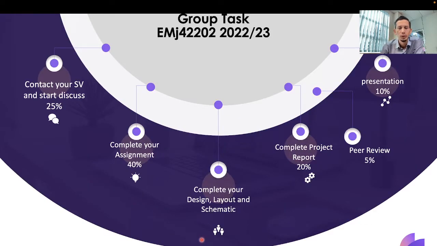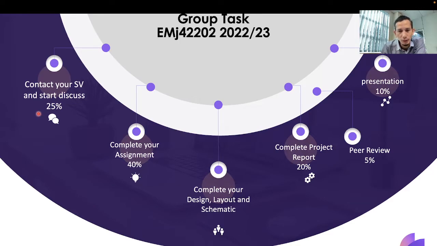Okay, so this is what will happen. Group task lah. First, from now on, you can contact your supervisor and discuss to schedule, based on your teaching plan, when you can see your supervisor, because your supervisor has 10 to 11 groups.